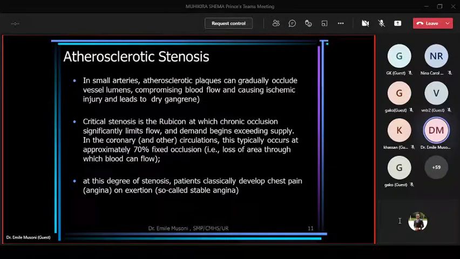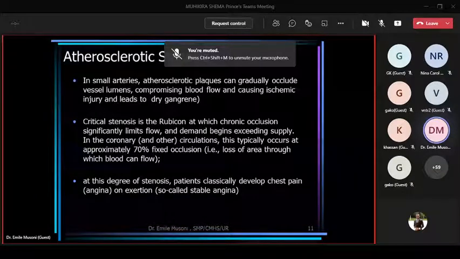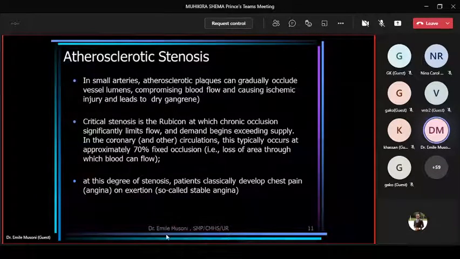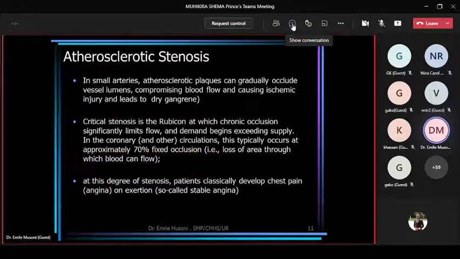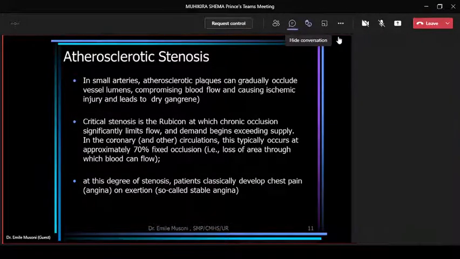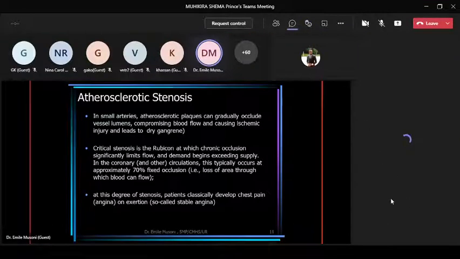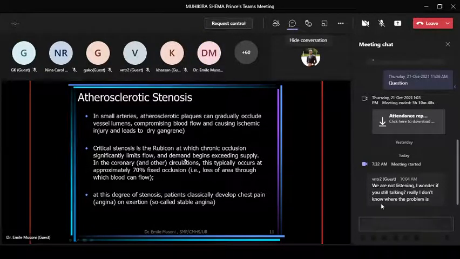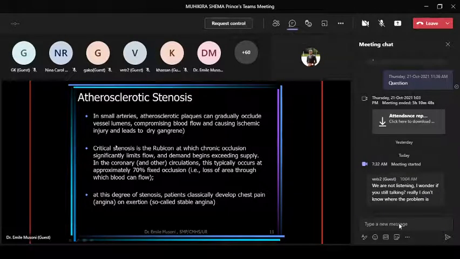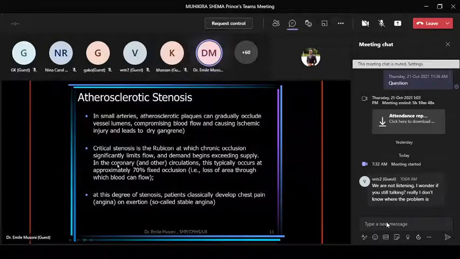Atherosclerotic stenosis. In small arteries, atherosclerotic plaque can gradually occlude the blood vessel, compromising flow and causing ischemic injury, and lead to dry gangrene. That critical stenosis is most of the time found in the coronary artery in the heart.